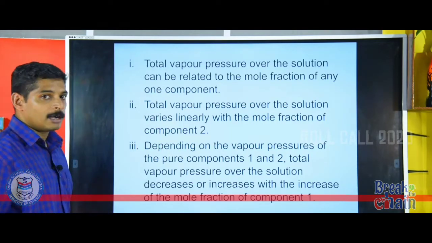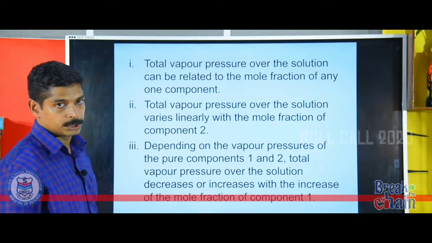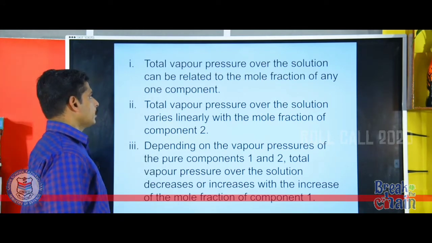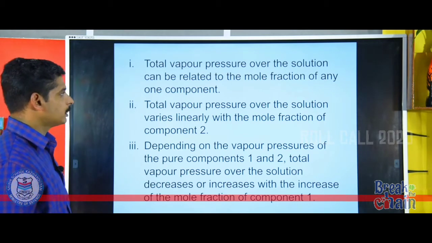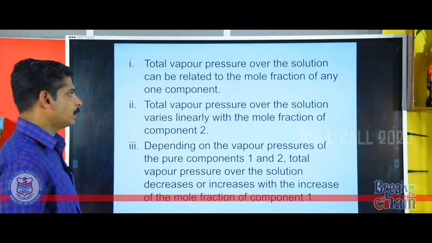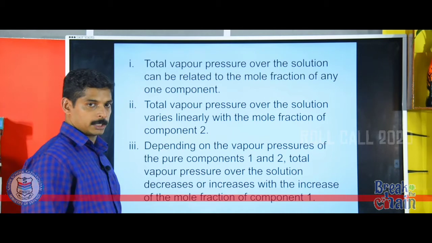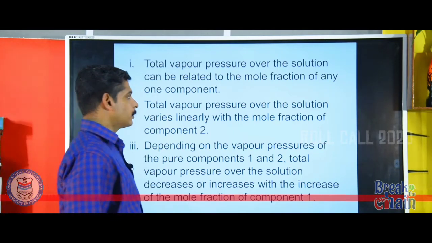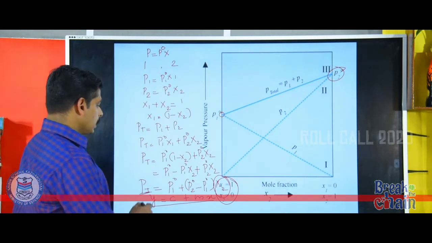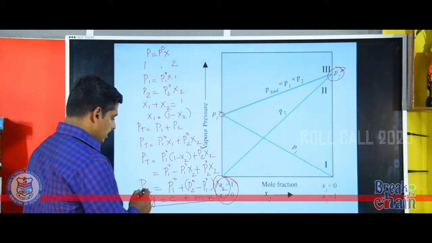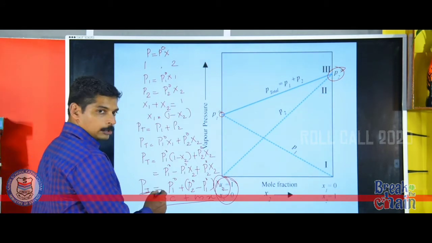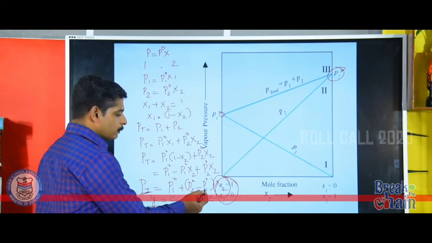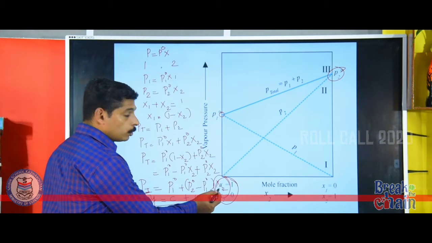Now from this graph we can go to certain conclusions. What are the conclusions we can arrive at? We can see the total vapor pressure over the solution can be related to the mole fraction of any one component. So we derive the equation. You can just see this. In this equation we have P total is equal to P10 plus P20 minus P10 into Chi2.